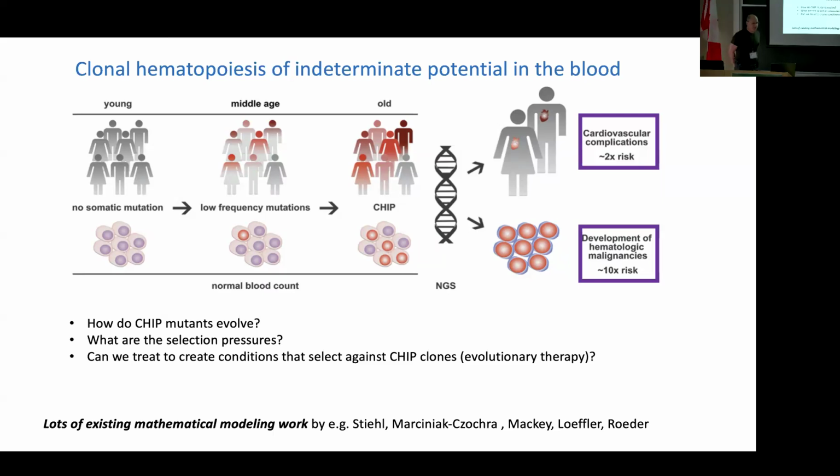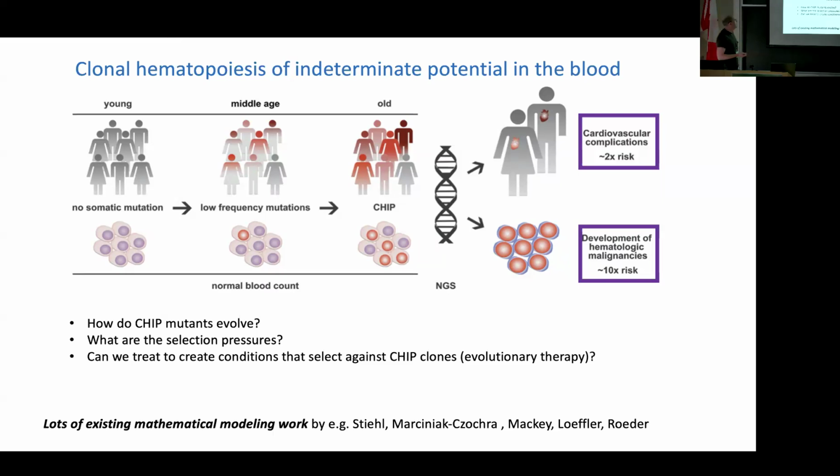That basically refers to the emergence of mutant cells in a non-malignant blood system. Interestingly, some of these mutations are characteristic of cancer, so they are found in blood cancers. But in the CHIP phenomenon, you see these mutants pop up, but there is no cancer.